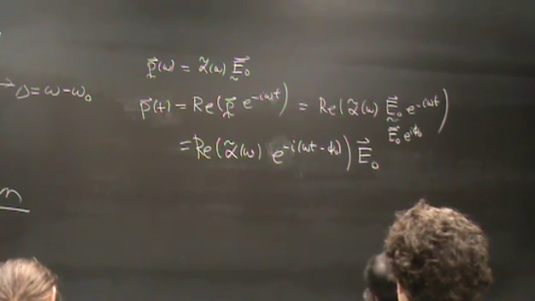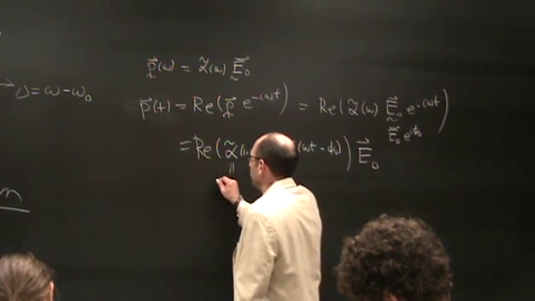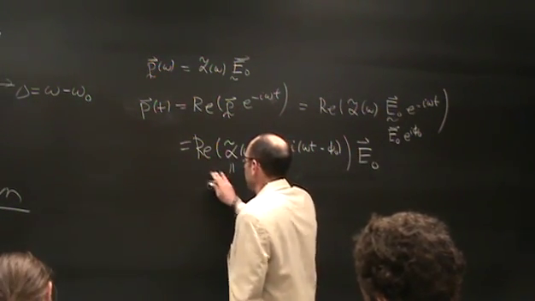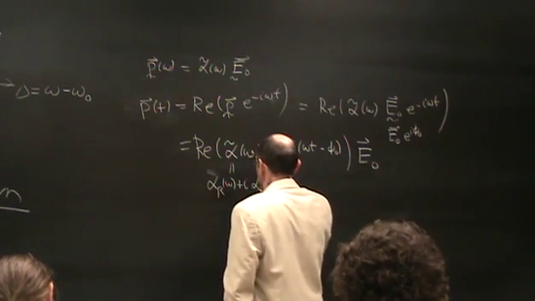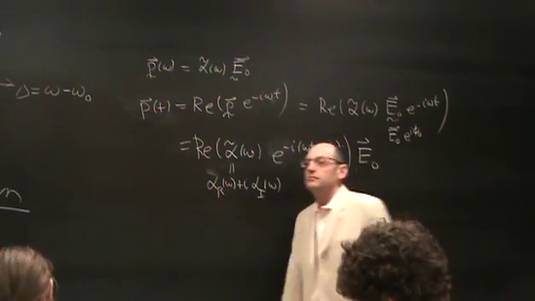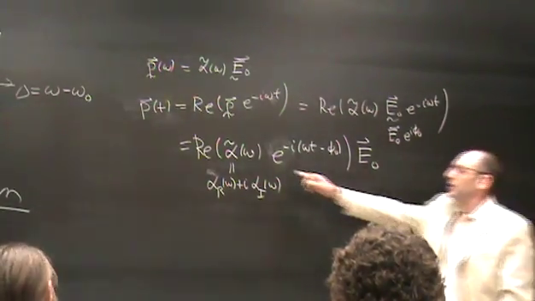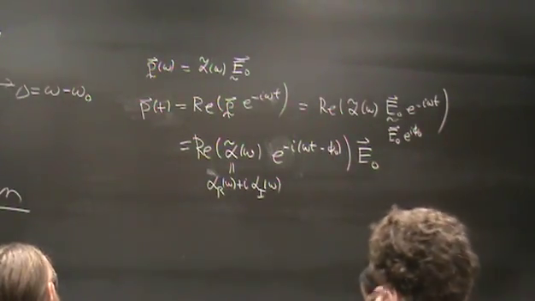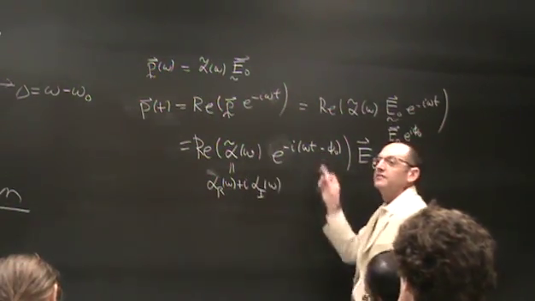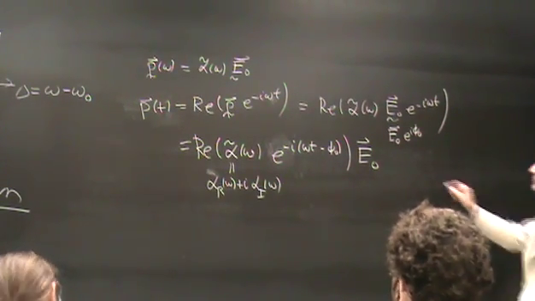how do I take the real part of that? Well, let's break alpha up into the real part and the imaginary part, and then plug that in and take the real part. When I multiply alpha twiddle times e to the minus i omega t, what do I get?